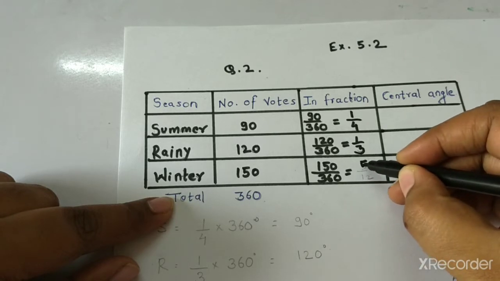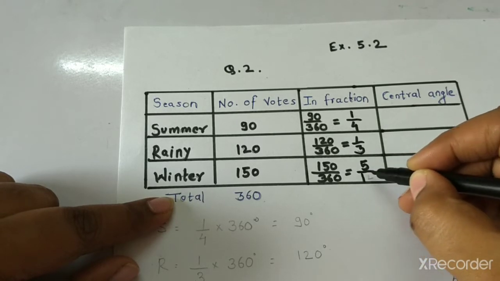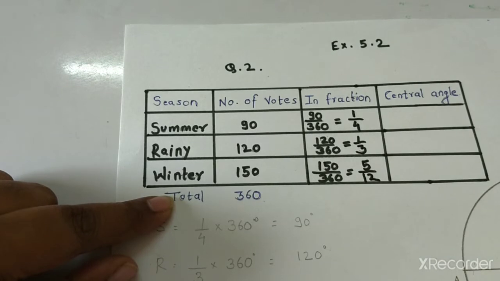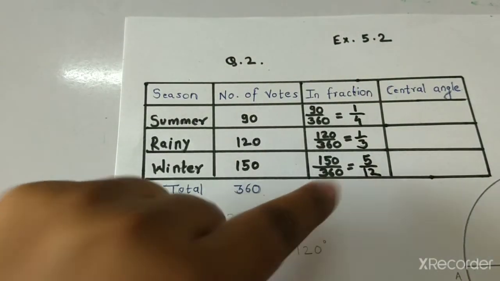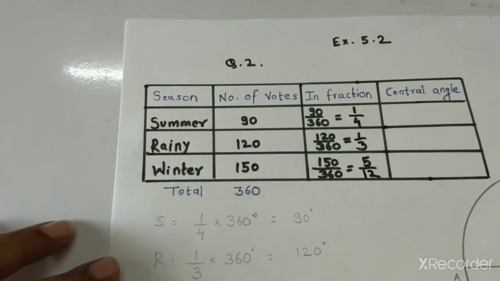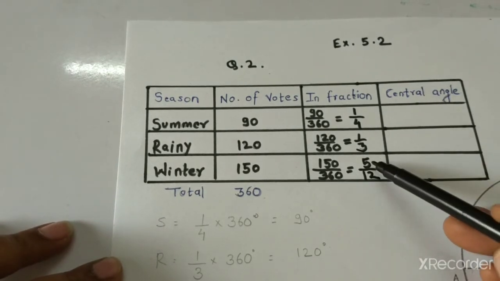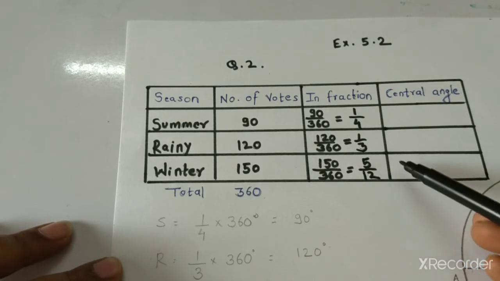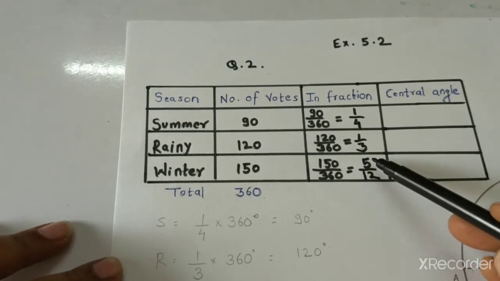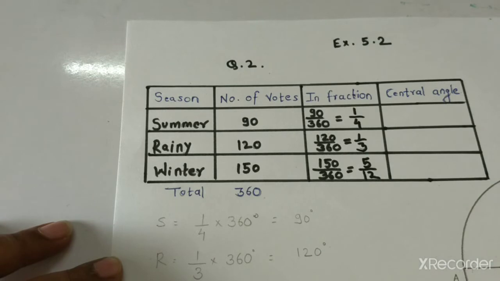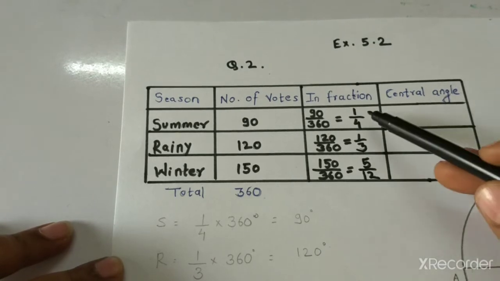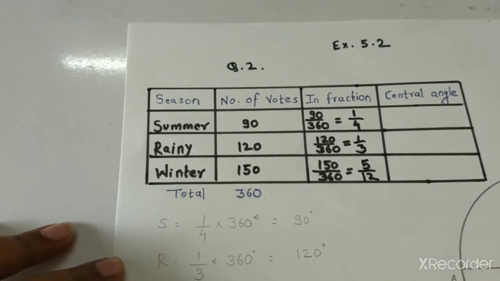So 3 5s are 15, 3 12s are 36. So now the fraction is 5 upon 12. You have to bring it into the simplest form. Now I know that 5 is a prime number and we cannot divide it further. So the simplest form is 5 upon 12. Okay, so fractions you have to write all in the simplest form.